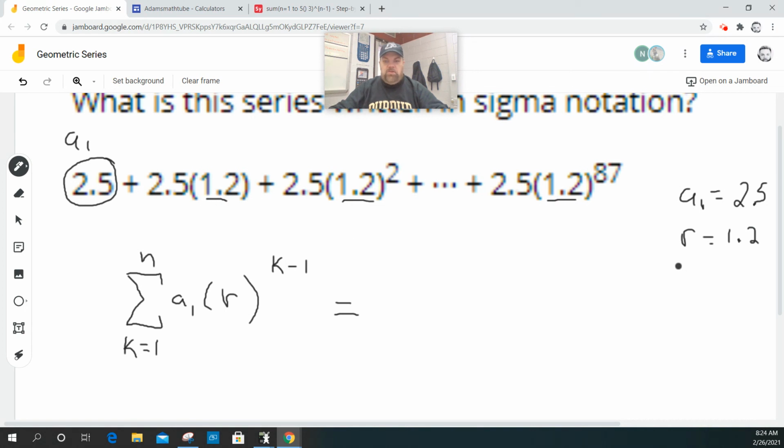And then the total number of terms, the last term, is 87. So they just want us to write it in sigma notation. So sigma notation, or summation notation. Oh, that was horrible. Oh no, that was bad. Summation notation.